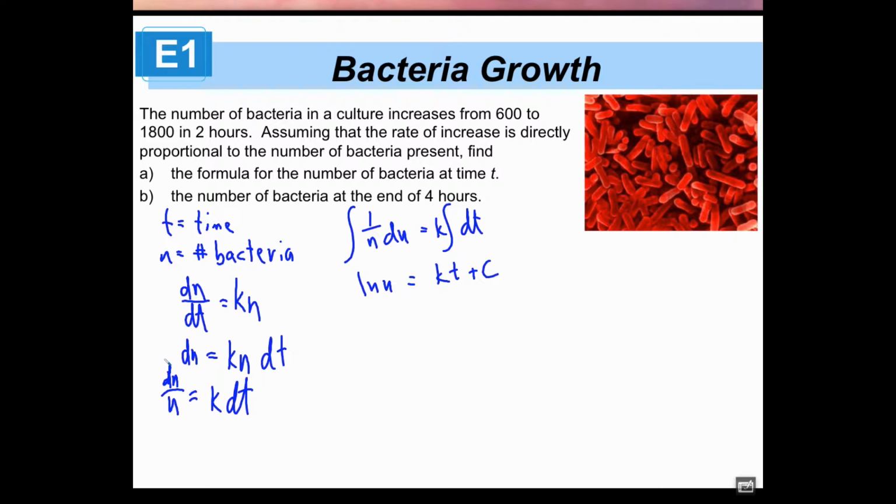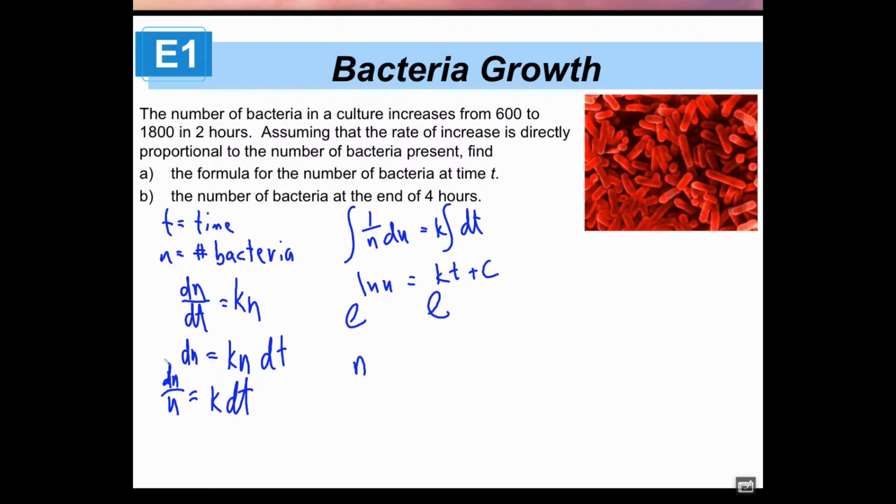Okay. Let's see. What next? I'd like to get N by itself. How do I solve for N? Base e. Yeah, do the raised to the e trick. What's e raised to the natural log of N?